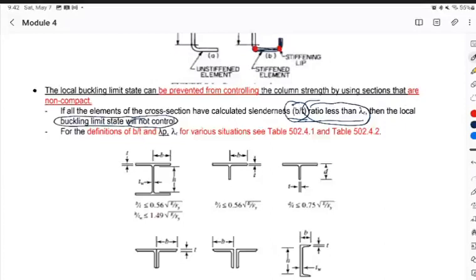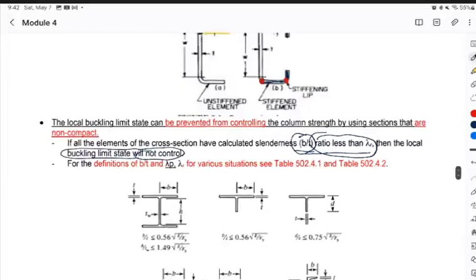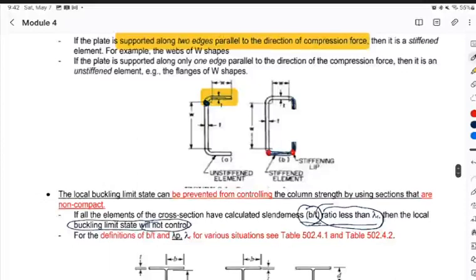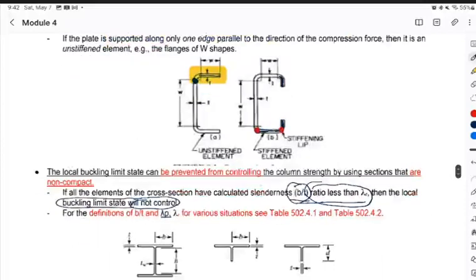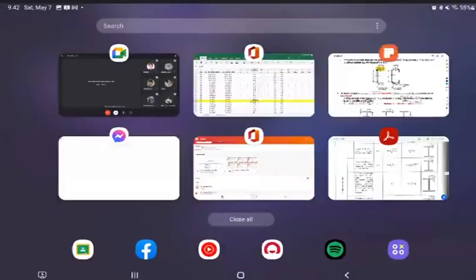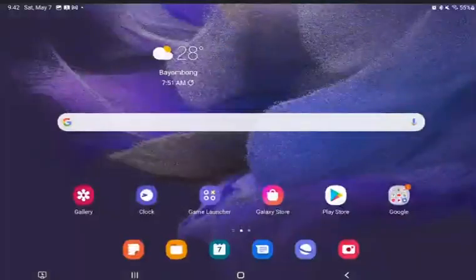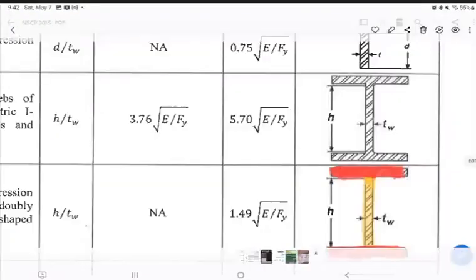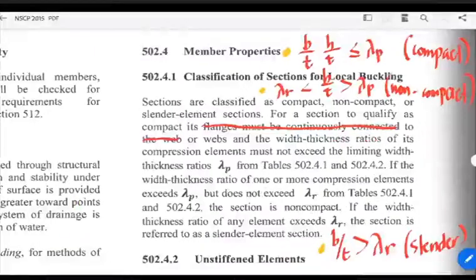So we go over the formulas above. What did we consider earlier? That b/t is less than lambda r.